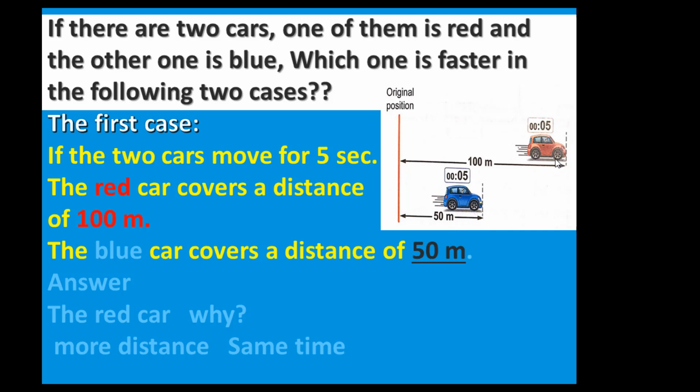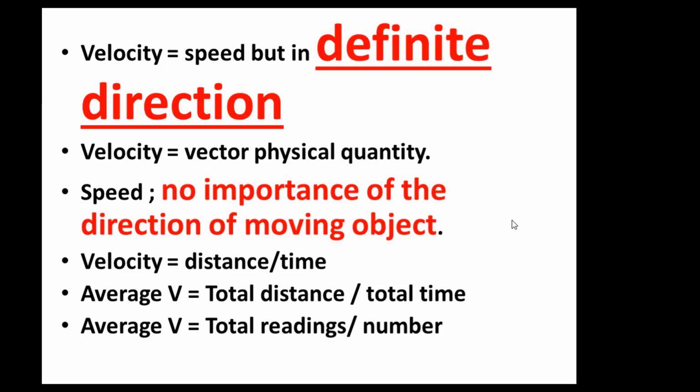It is clear that in the same time the red car travels more distance, so the red car is the faster one. Velocity and speed are the same thing, but there is one difference.